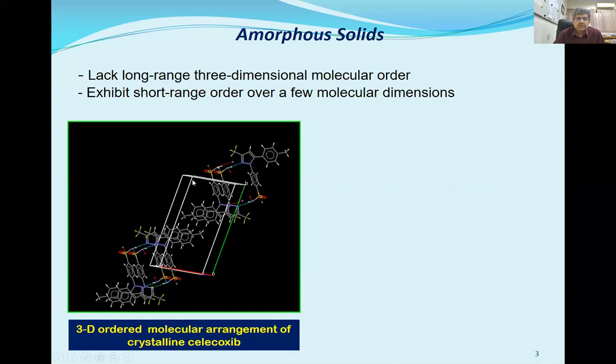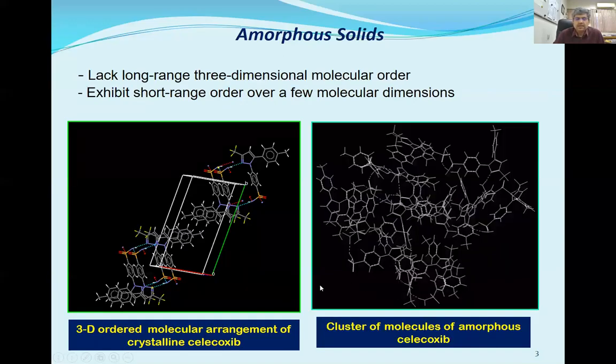This is the unit cell of celecoxib, which we had seen earlier also, wherein the molecules of celecoxib are arranged in a very ordered fashion in the three-dimensional space. So this is the three-dimensional ordered molecular arrangement of crystalline celecoxib. In comparison to this, this is the amorphous celecoxib.